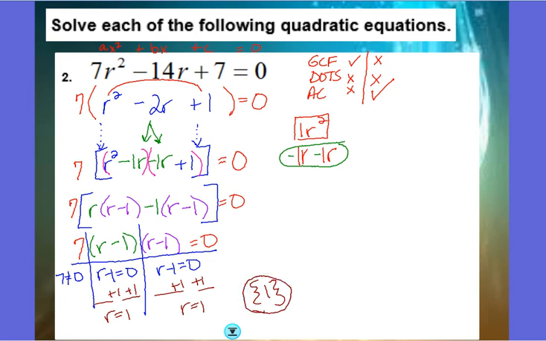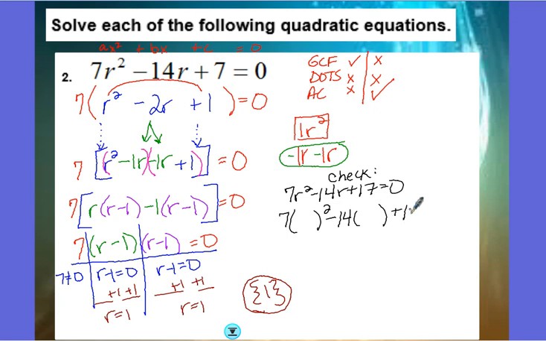To do a quick check, we should substitute into the original problem. So let's do a check. 7 times 1 squared minus 14 times 1 plus 7. I wrote 17 up here. Let's fix that.